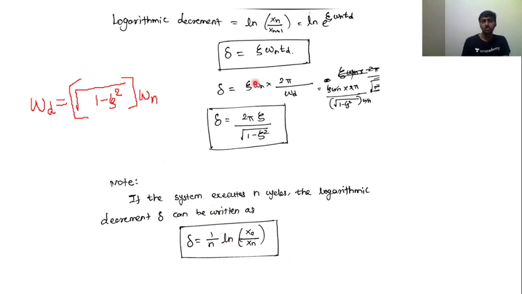There are three formulas. One is delta is equal to ln of xn divided by xn plus 1. The second one, delta is equal to 2 pi zeta divided by root of 1 minus zeta square. Then the third one, if we know the number of cycles executed by the vibrating body, the logarithmic decrement delta is given as delta is equal to 1 divided by n into ln of x naught divided by xn. So these are the formulas.